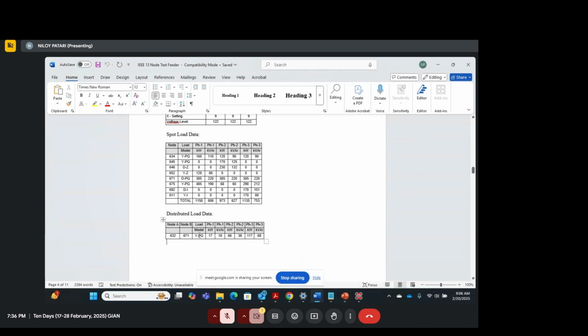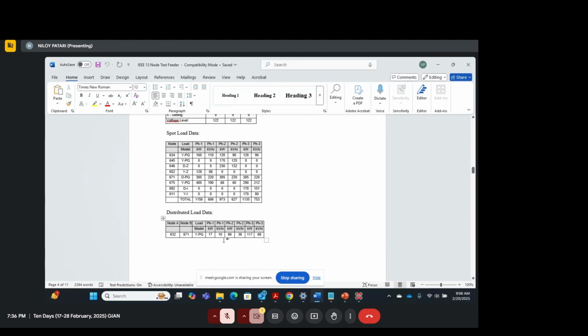So by distributed load data, what they have taken is another fictitious node 670, which is placed at 2/3 of the line between 632 and 671, and they have placed this exact load at that particular point, because it's a distributed load data.